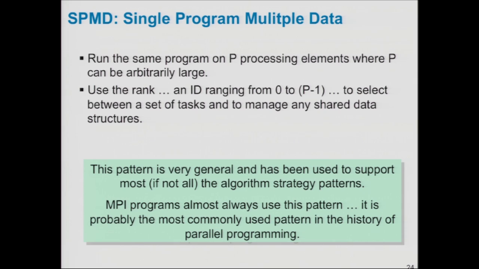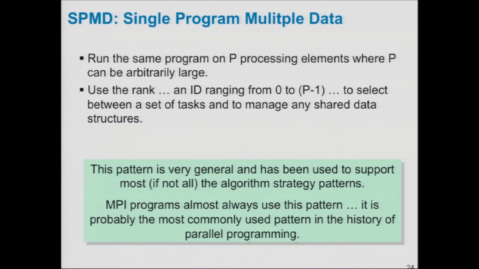So that is an instance of an SPMD, single program, multiple data parallelization. We are actually running the same program on each of the P processing elements, each of our threads, and we can make P as arbitrarily large as we like. We then use the rank or the thread ID to understand where we are in that range of parallelism.